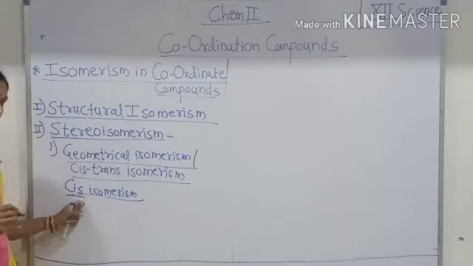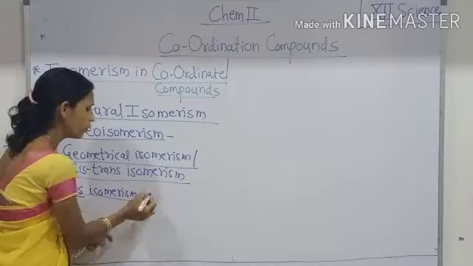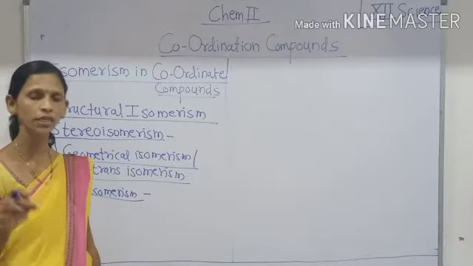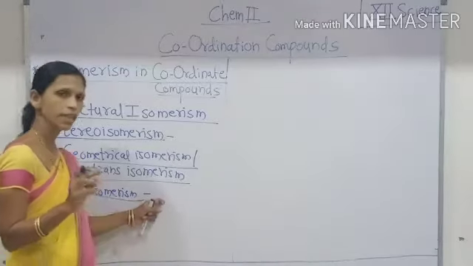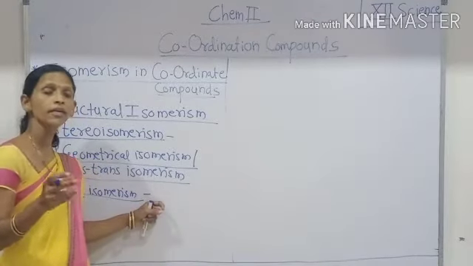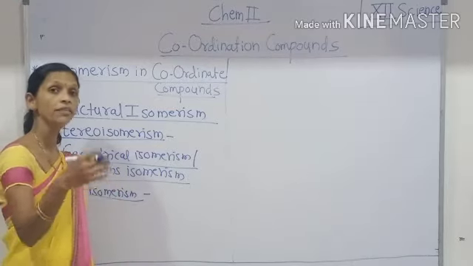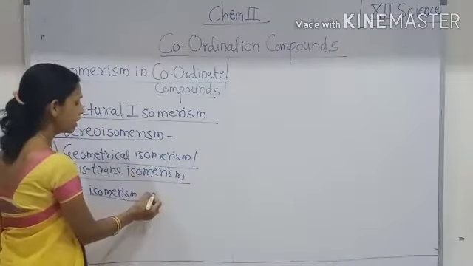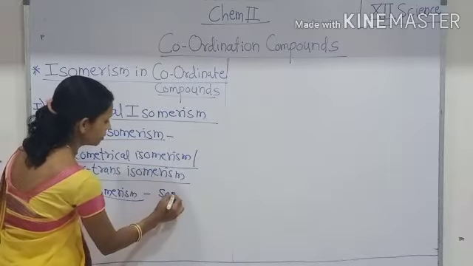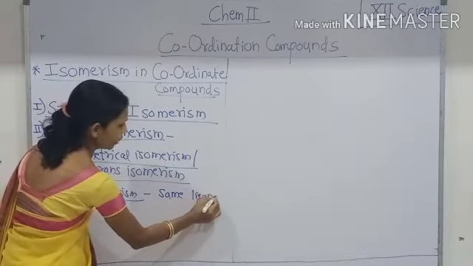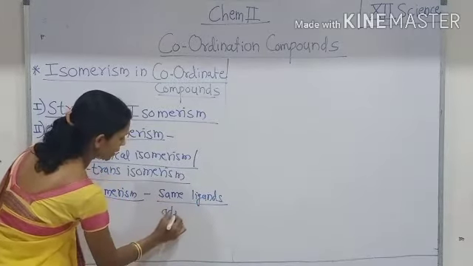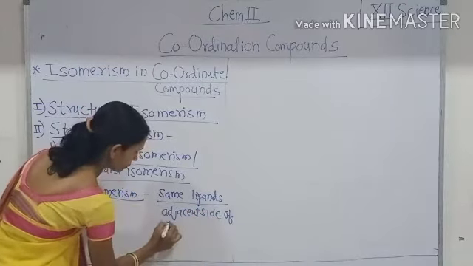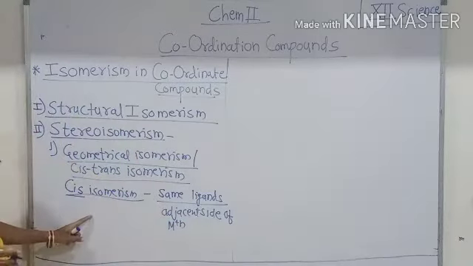See here, cis isomerism of a coordinate compound is one in which identical groups, group meaning here ligands, that is the same ligands, lie on the adjacent side or same side of the central metal ion. That means same ligands lying on the adjacent side of the central metal ion is cis isomerism.